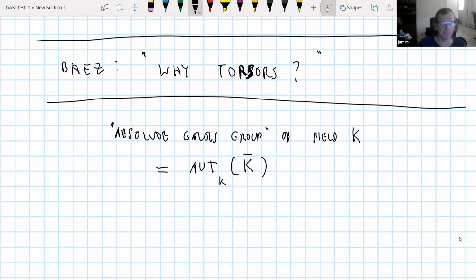But with respect to G, the action is very torsor-like, but not with respect to pi. So the action could be very trivial with respect to pi, or it could be very non-trivial, or anything in between.